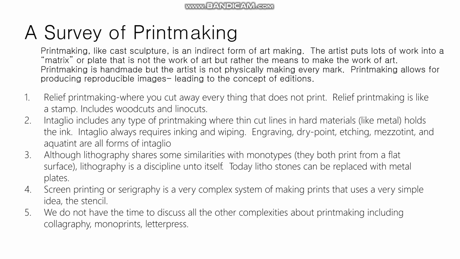And what I mean by that is where the artist puts a lot of work into making a thing that isn't the actual work of art, and from that thing they make a system that then transfers that to another thing that actually makes the thing. In this case, the artist works on the model, and then from the model they make the molds, and then with the whole system of molds, they pour the molten bronze, and that makes the actual sculpture.